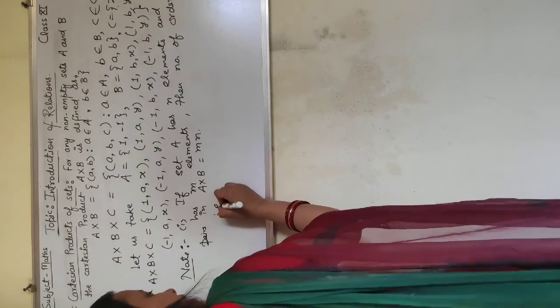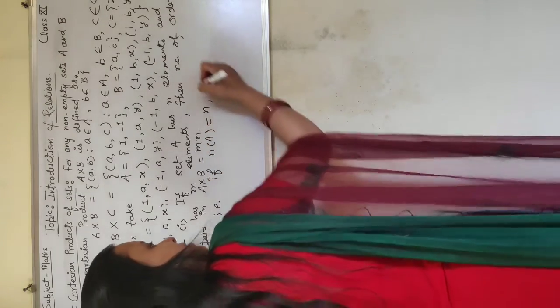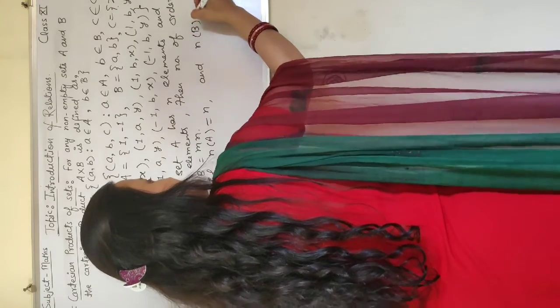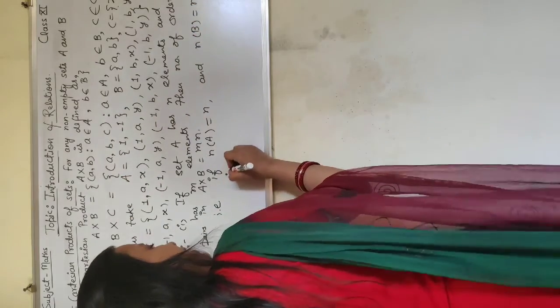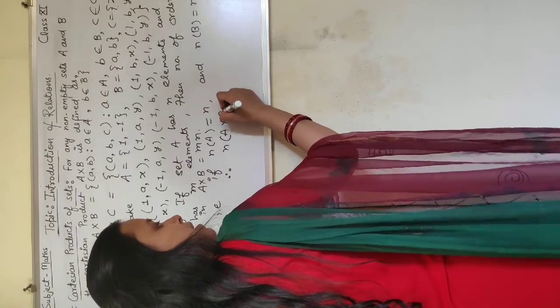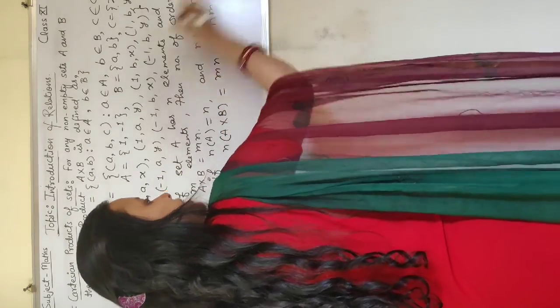That is, if n(A) is n and n(B) is m, you can write that the cardinal number of A into B is clearly nm or mn.